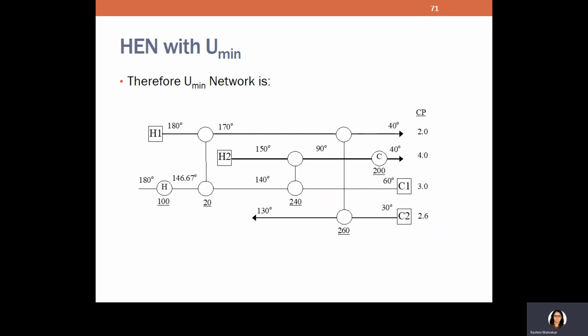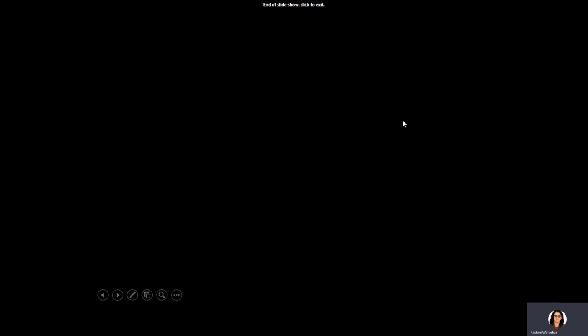But then this has to be compensated by the utility loads. Initially we had less load on hot and cold utility. Now they slightly increase. So it is a compromise, or a trade-off, between the utility cost and the equipment cost. So that is all about the heat exchanger network. Thank you very much.